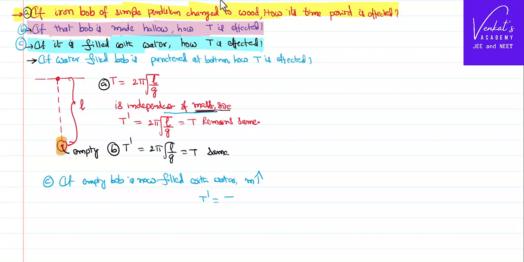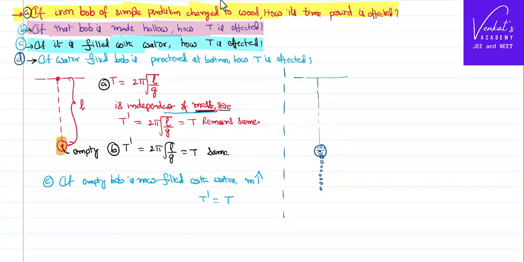So the time period remains the same. Now let us have a look at the next case, the fourth case. The water-filled bulb is emptied now. I will draw the diagram once again. This is the bulb. It is now filled with water. And here we have punctured it, so water is leaking out. How does the time period get affected?